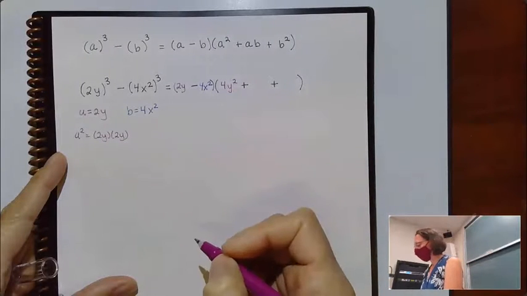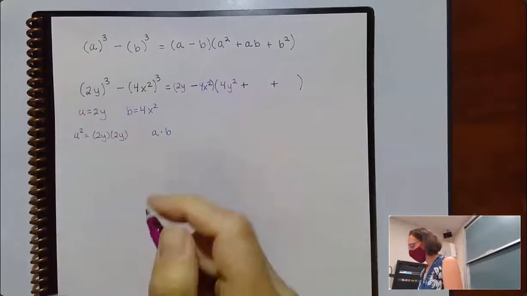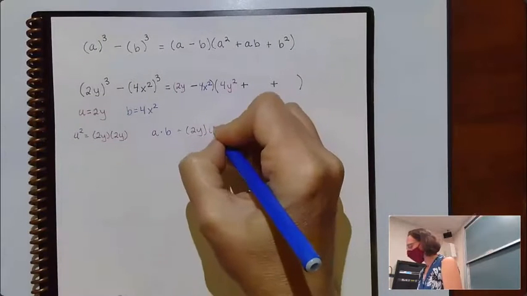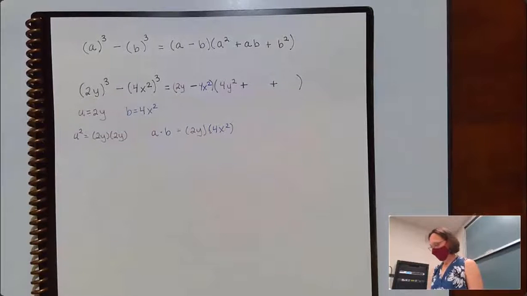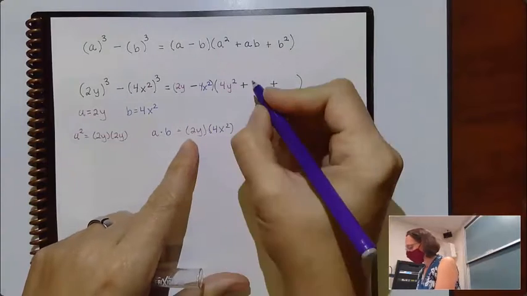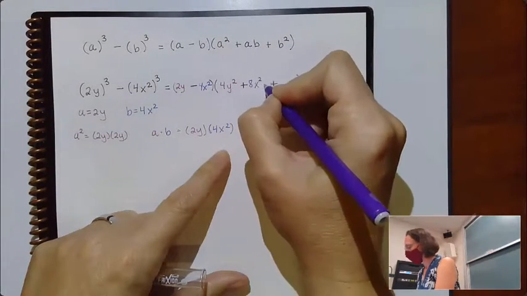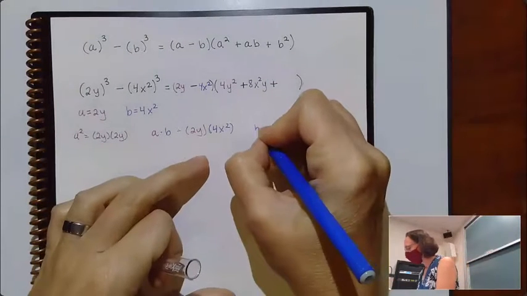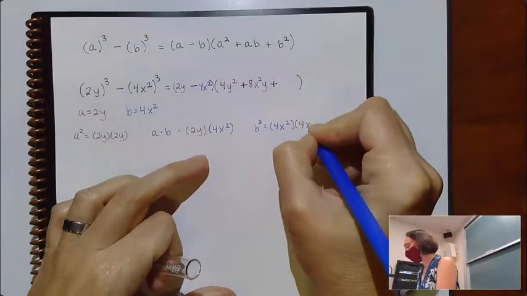That middle part needs to be A times B. Well, that would be 2y times 4x squared. If I put that together, I can multiply the numbers together: 2 times 4 would give me 8. But I can't do anything to combine that x squared and the y. And then my last term needs to be b squared. That's the same as doing 4x squared times another 4x squared.